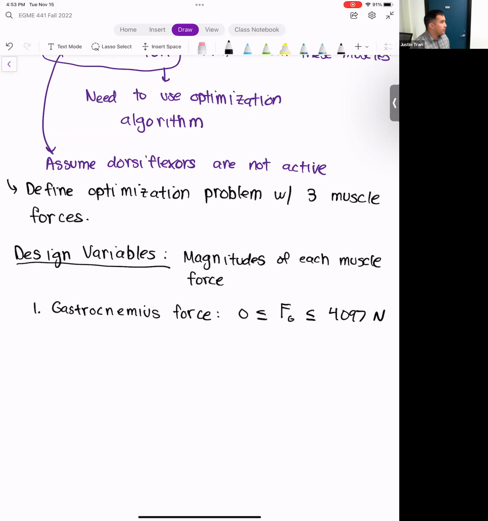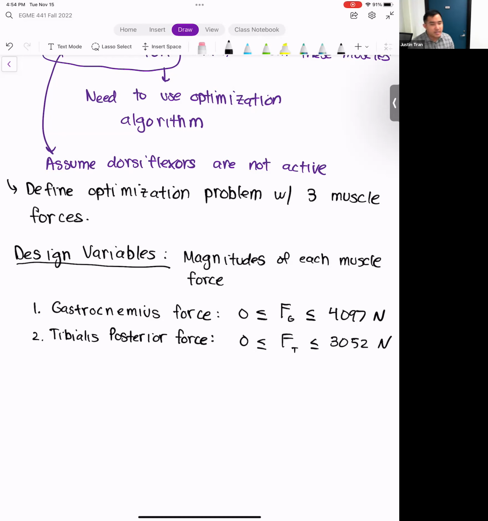So we can immediately specify the bounds. And so we can say the gastrocnemius force has to be between 0 and 4,097. So next we have the tibialis posterior force, and we'll give that the symbol FT.